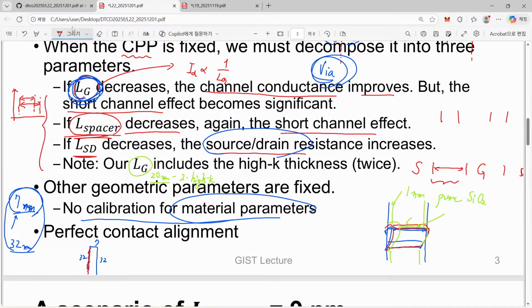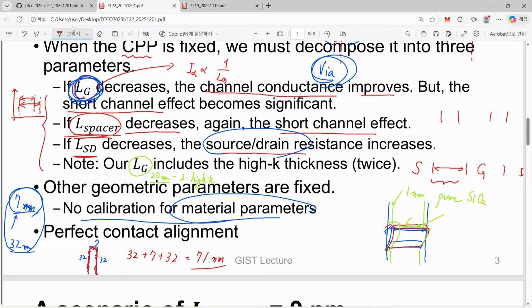Here we have the silicon and silicon dioxide interface, 32 and also 32, and here we have 7. So simply speaking, 32 plus 7 plus 32. In total, 71 nanometer is typically regarded as the effective width of this transistor.